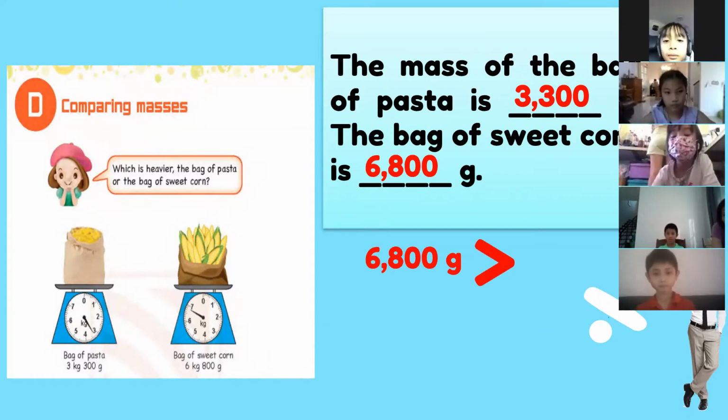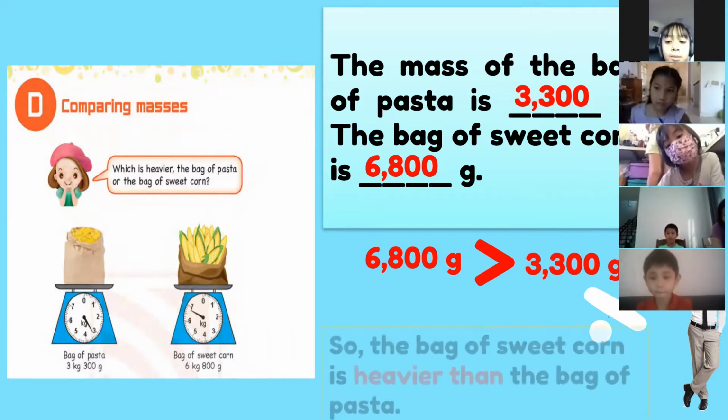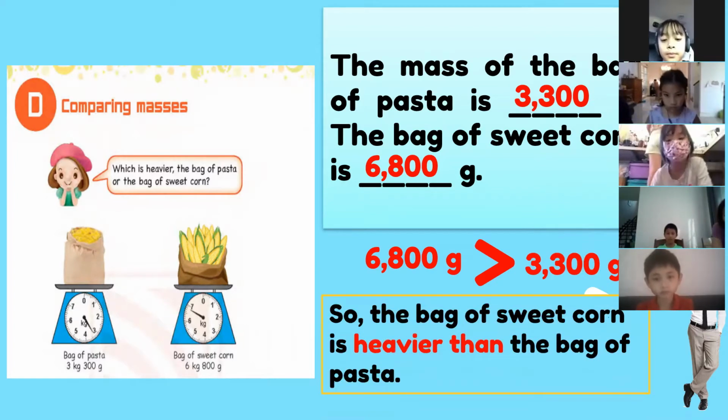So as you can see, 6,800 grams is greater than 3,300 grams. So the bag of sweet corn is heavier than the bag of pasta, right?